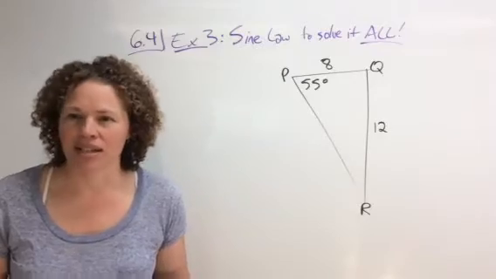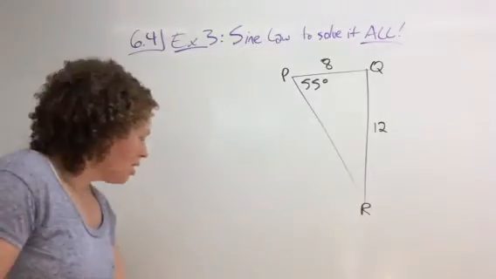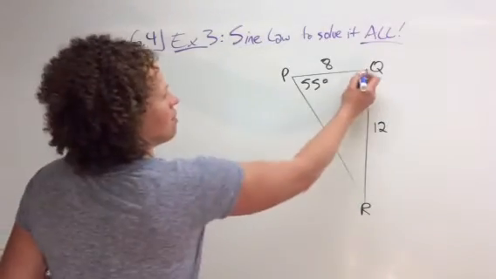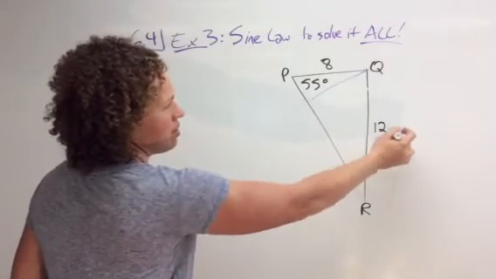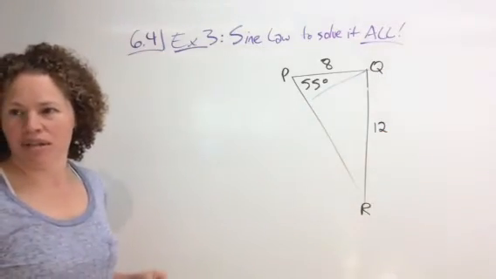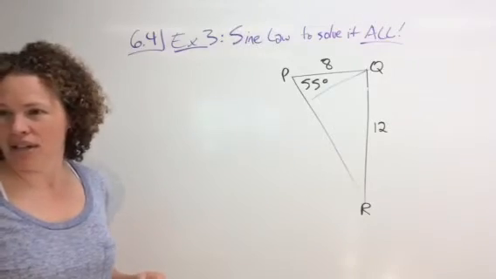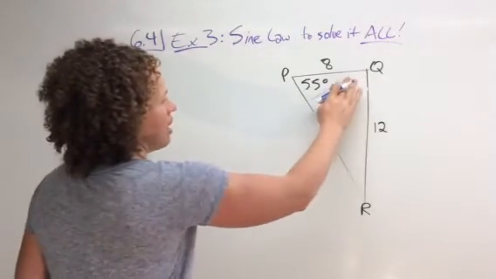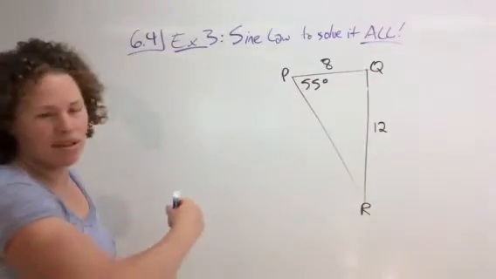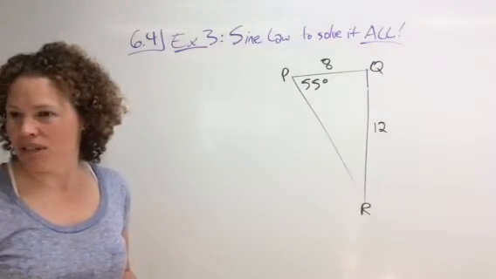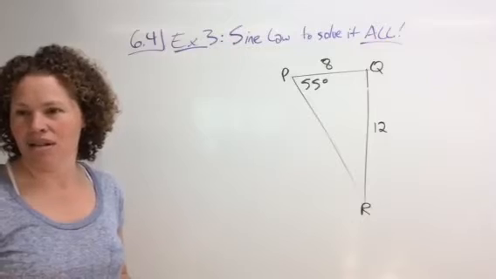If this were smaller, it could fit in here, or it could swing out, and it would still be a valid triangle. But since this side is bigger, it can't swing backwards, or it would be an obtuse triangle instead.